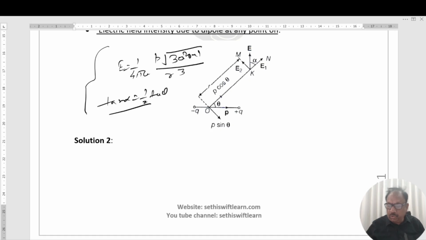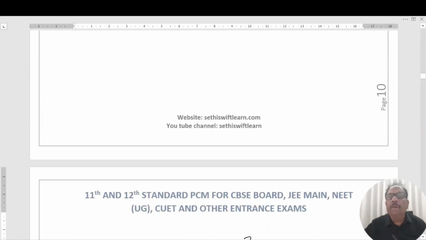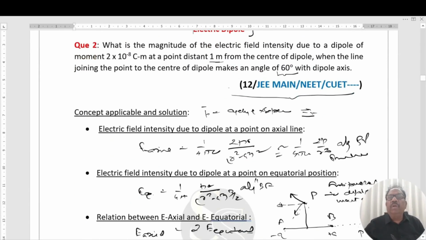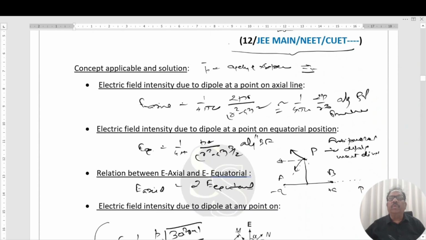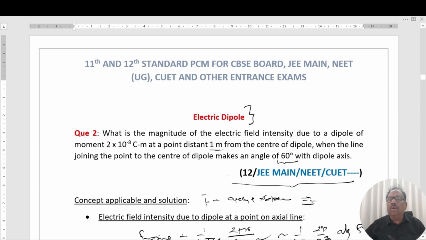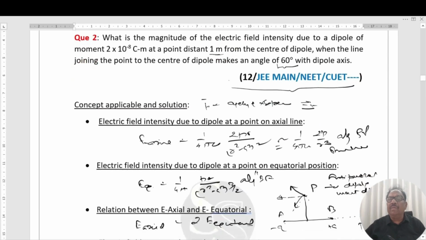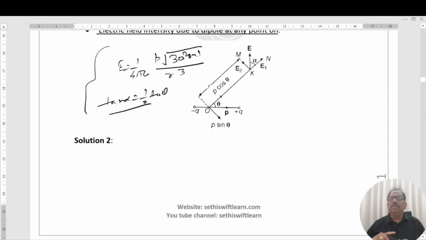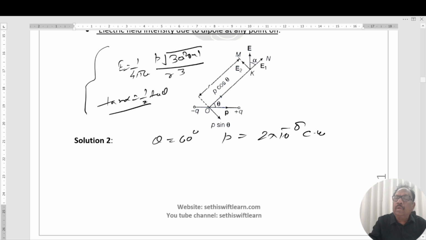Now let's start the question. What is the question? What is the magnitude of electric field intensity due to the dipole? Dipole moment P is given, 2 into 10 to the minus 8 coulomb meter, distance given, angle given, meaning theta is given as 60 degrees.